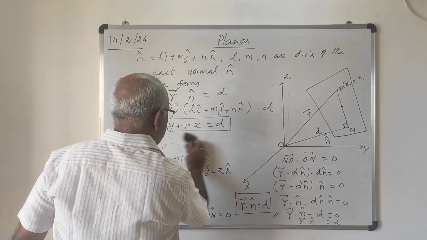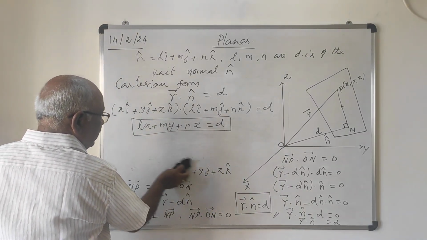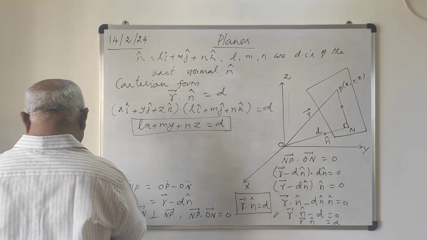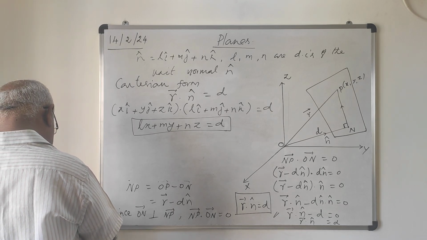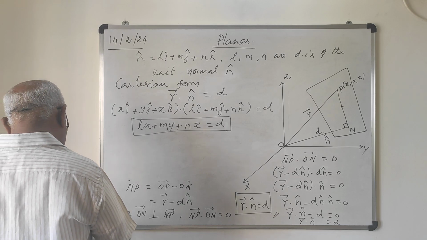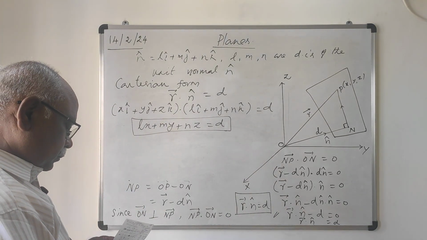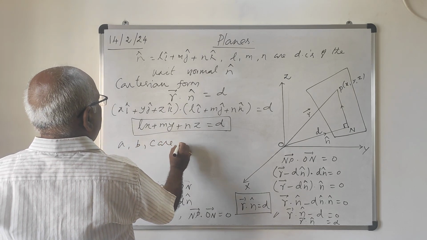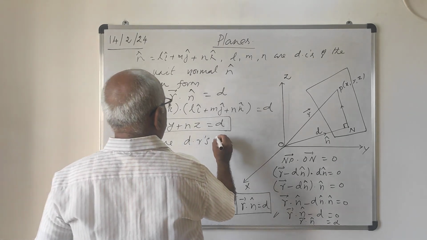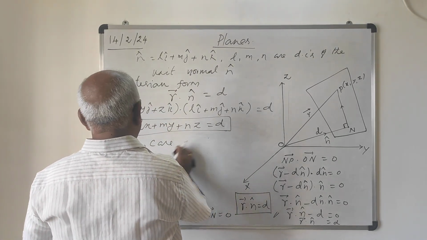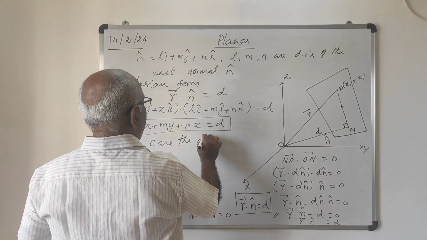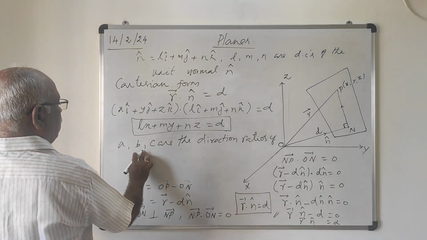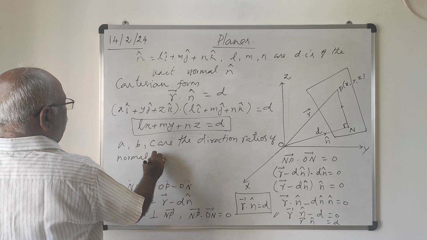Now suppose n is any vector, and a, b, c are the direction ratios of the normal vector.